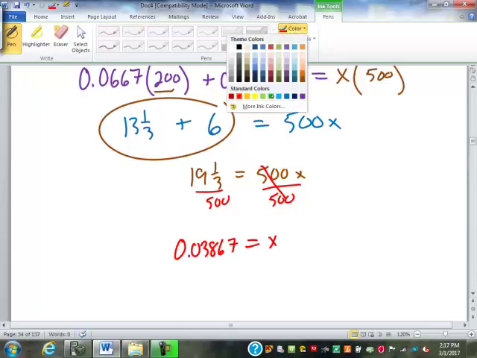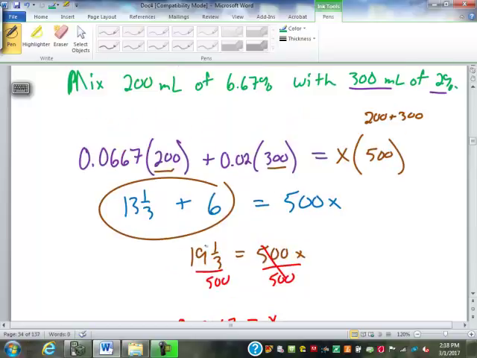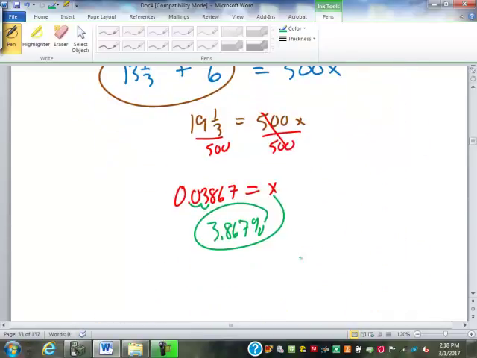So if we move the decimal point to make that back into a percent, that is 3.867%. Well, we needed 4%, so that's not quite going to work. It's a little bit diluted.